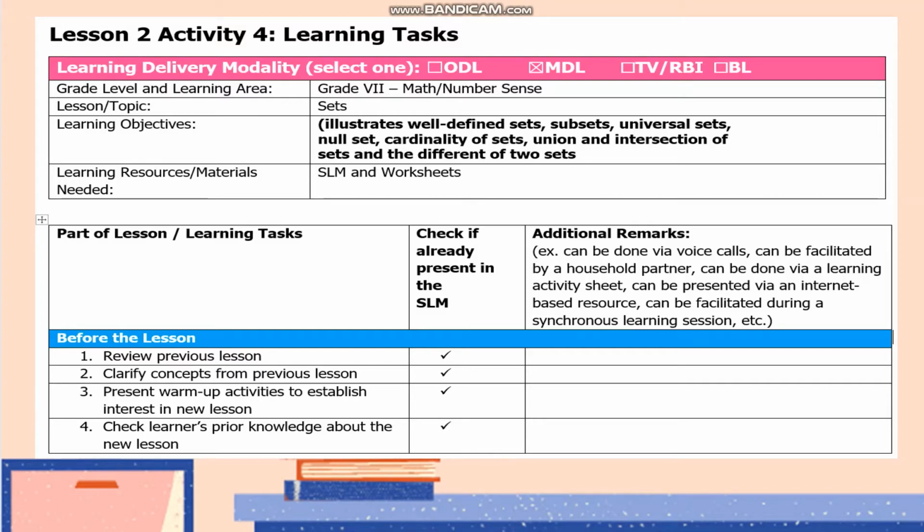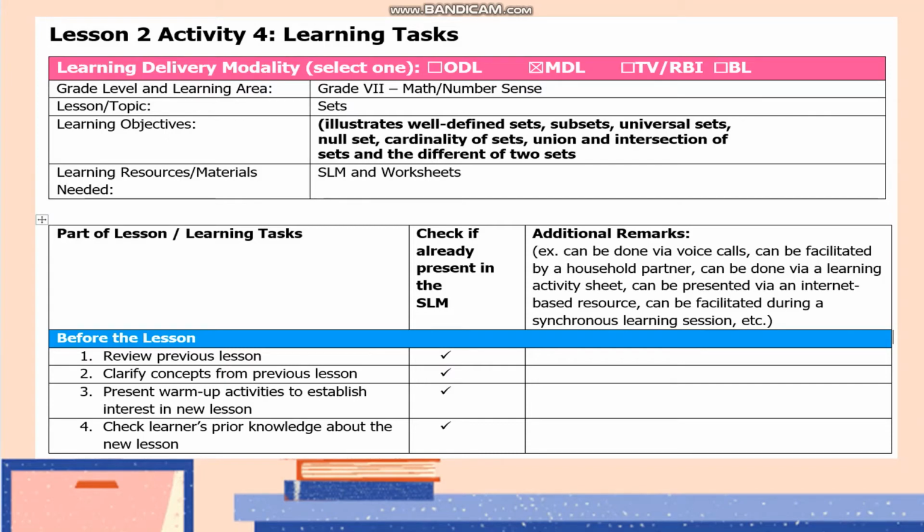Lesson topic: sets. Learning objectives: illustrates well-defined sets, subsets, universal sets, null set, cardinality of sets, union and intersection of sets, and the difference of two sets. Learning resource or materials needed: SLM and worksheets.